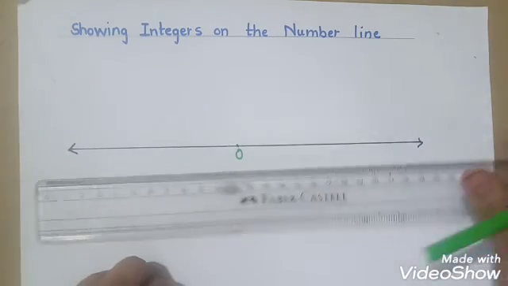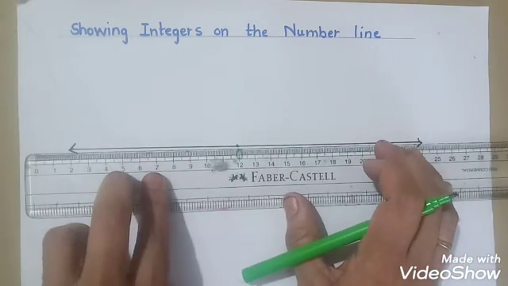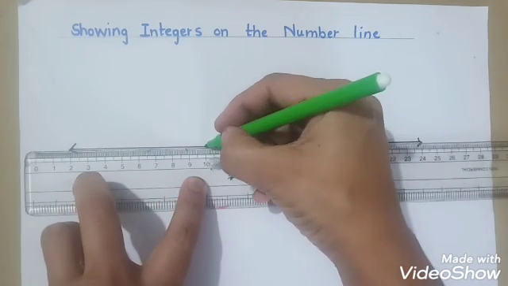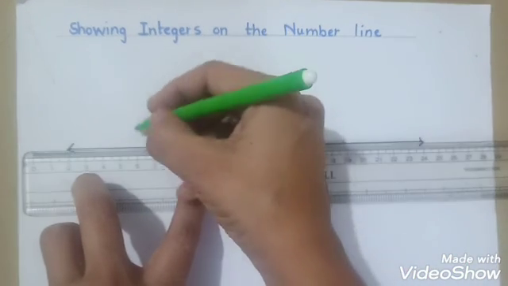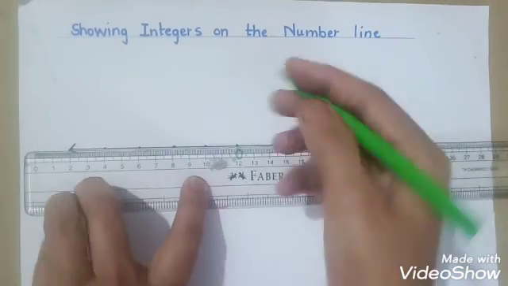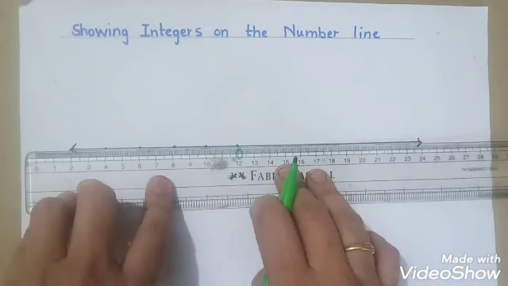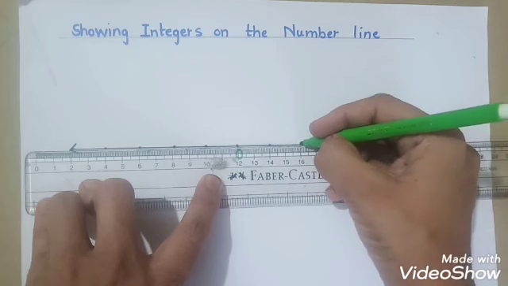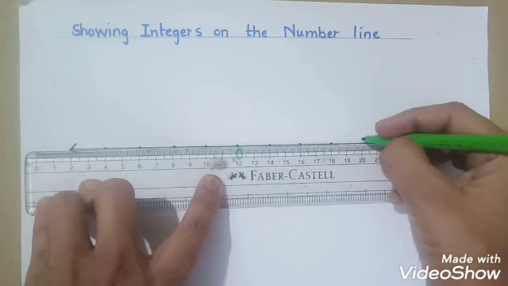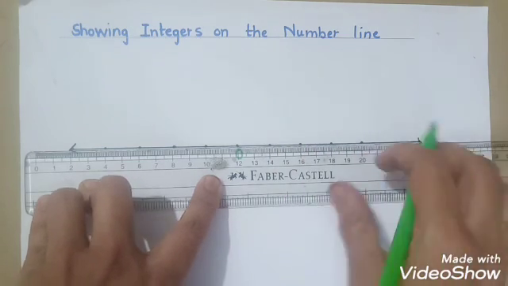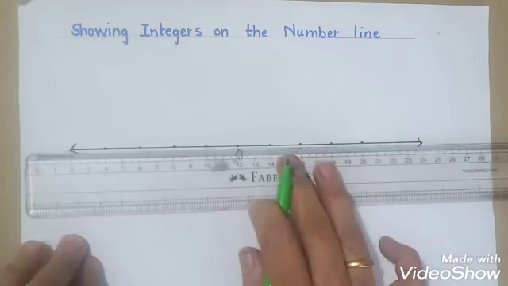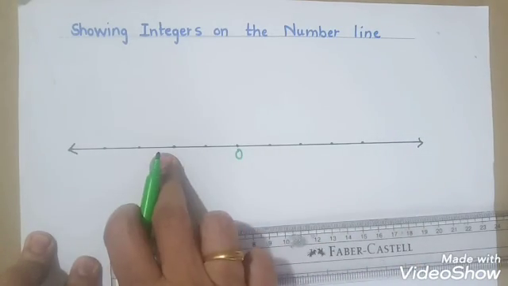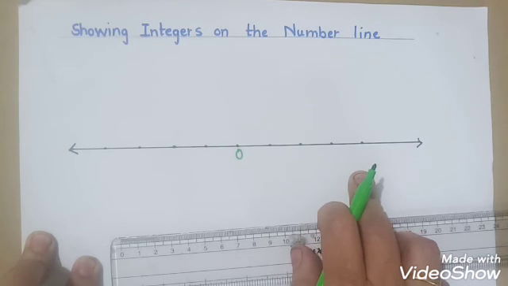Look how I am marking the points at equal distances. So we mark the points on the left side of the origin. Now this is the right side of the origin, and thus I have marked the points at equal distances on the left side of the origin and the right side of the origin.